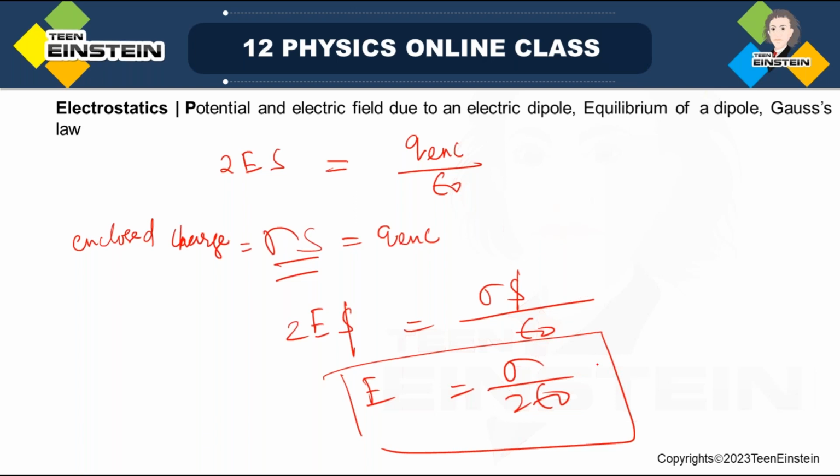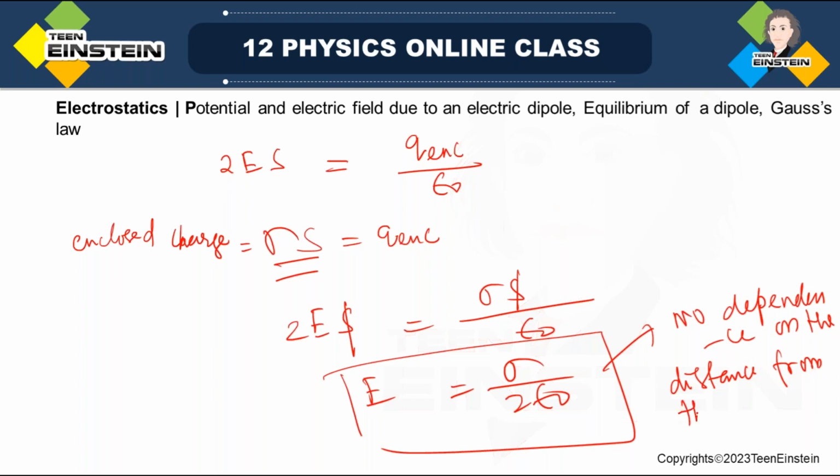You can see that it has no dependence on the distance from the charge distribution.